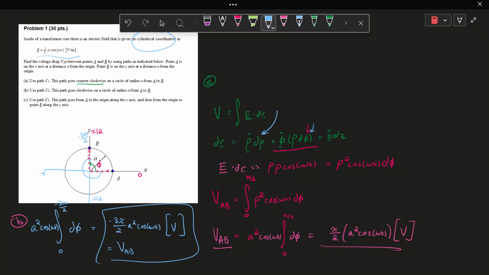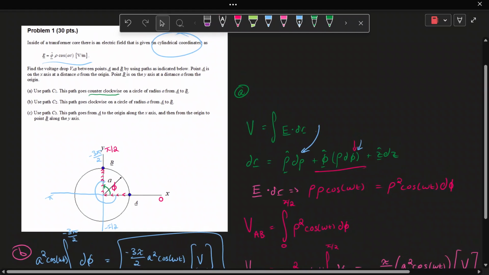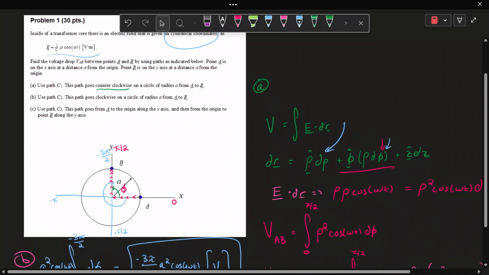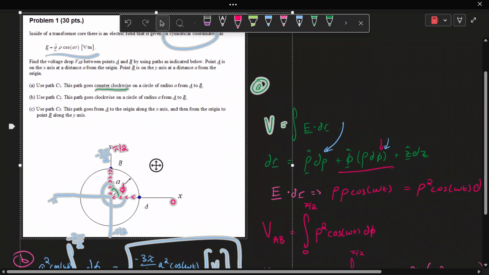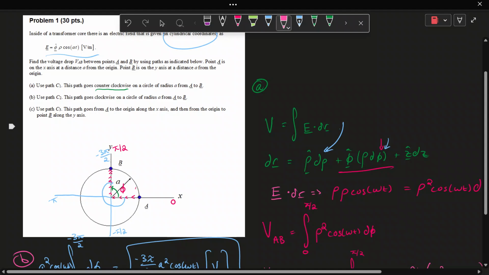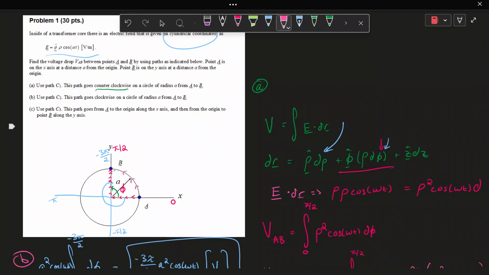Well, E is a circle, and if it's an induced electric field from a core, it should be going in a circle, because again, we have cosine omega t, so it's changing with time. It's spiraling in a circle, going counterclockwise.